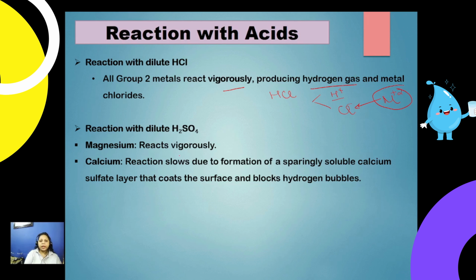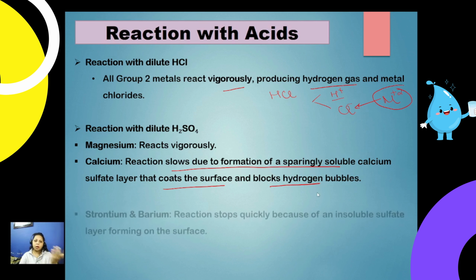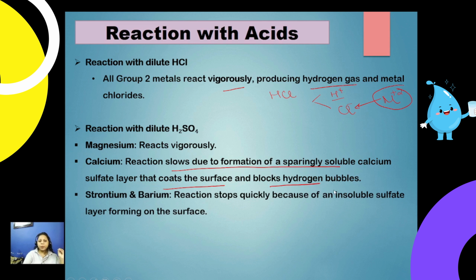The reaction is slow due to the formation of a sparingly soluble calcium sulfate layer that coats the surface and blocks hydrogen bubbles. Same goes with strontium and barium. The reaction stops quickly because a layer of insoluble sulfate is formed outside, and there is no release of hydrogen bubbles.